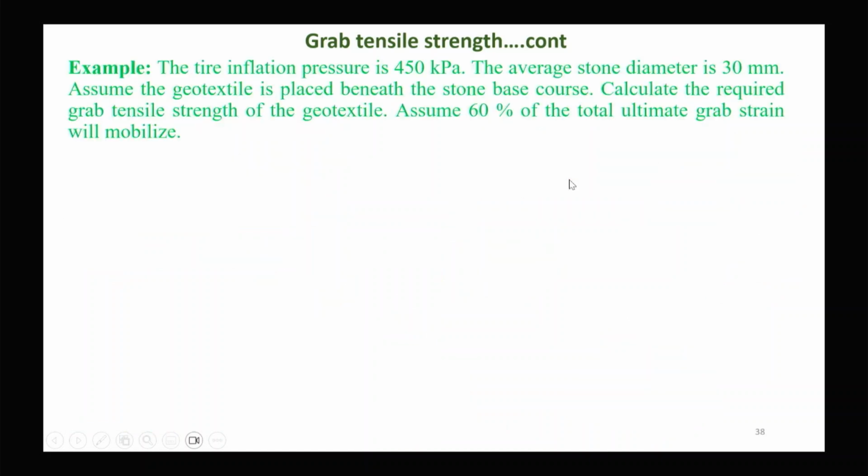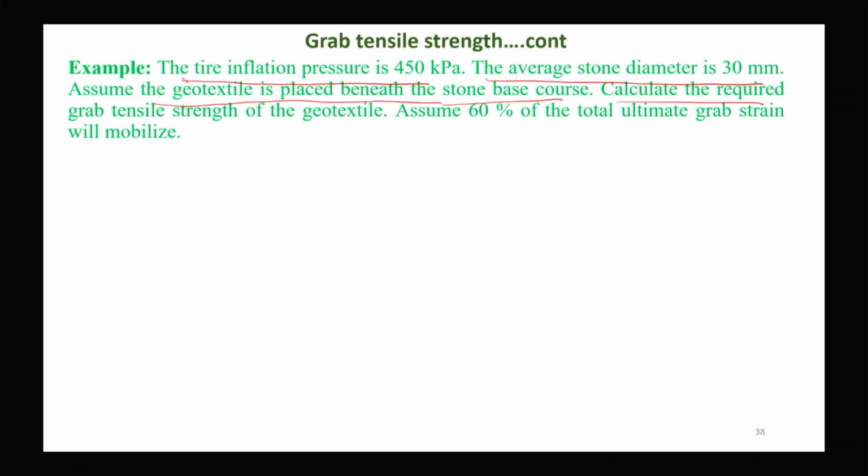Now let us see this numerical. The tire inflation pressure is 450 kPa. That means that is the pressure which is applied on the geotextile. The average stone diameter is 30 millimeter. Assume the geotextile is placed beneath the stone base course.